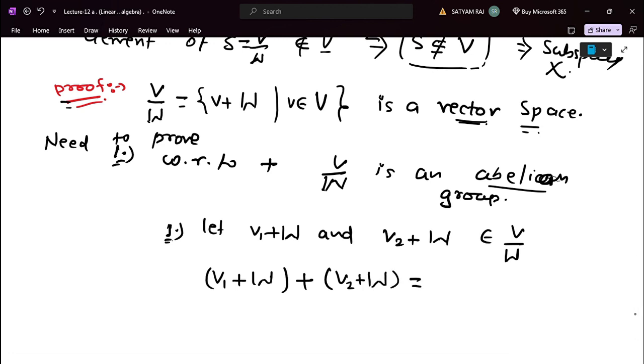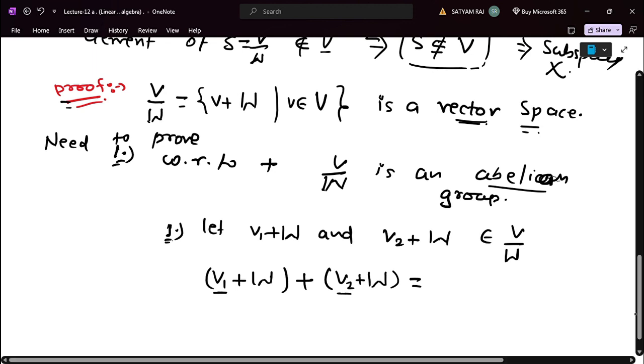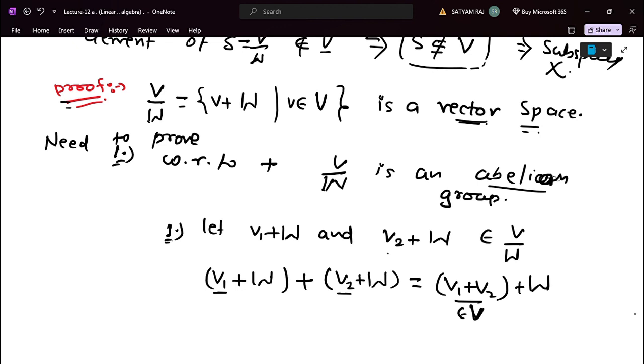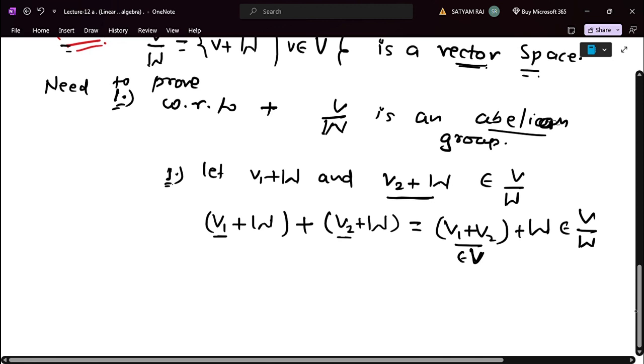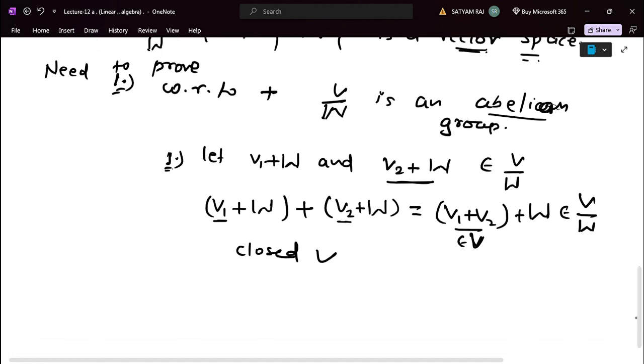We have defined the operation like we will add V1 to V2, so it will be V1 plus V2, and then add W. Now this is in capital V, because V1 and V2 are members of capital V. So it belongs to V by W, and it is closed. Okay, so we have closeness with respect to the first operation.